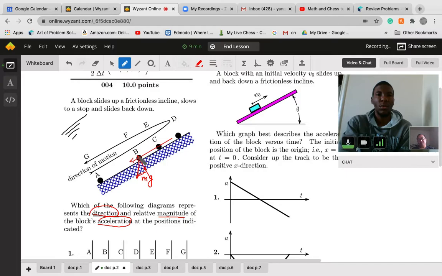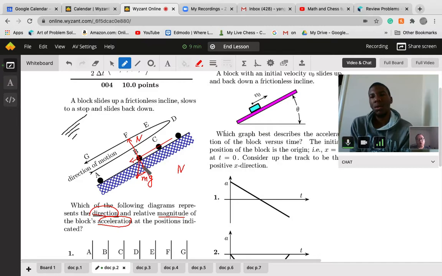Normal force is just perpendicular to the surface of this incline. This is normal force. Why does normal force go up? Because the normal force acts against this ball, right?